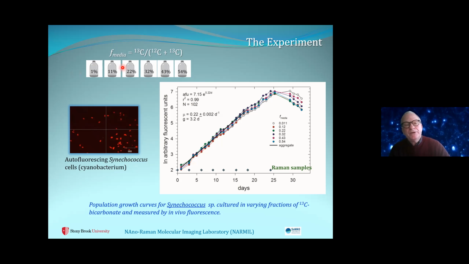The fractional abundance, F media, is shown diagrammatically: natural abundance, 11%, up to 54% carbon-13 bicarbonate. Our instrument gives us epifluorescent micrographs, so this is an autofluorescent micrograph of the targets that we're going to analyze.